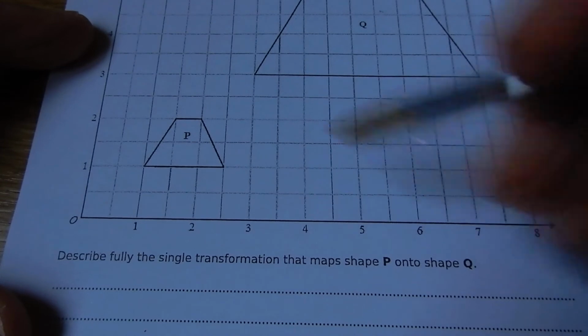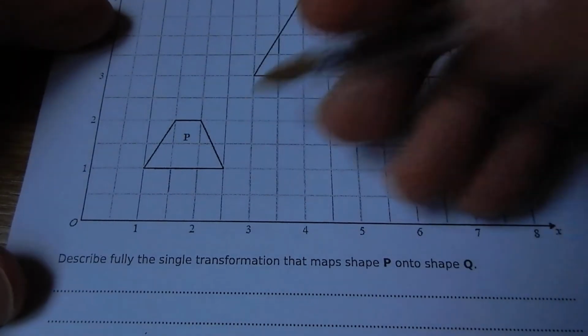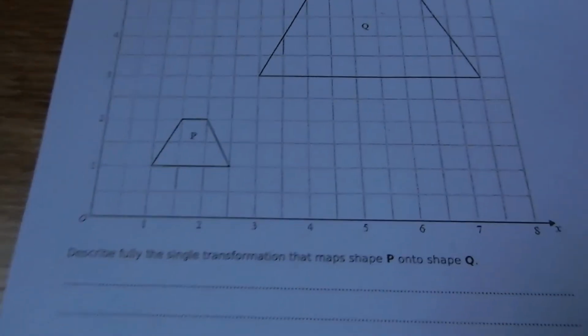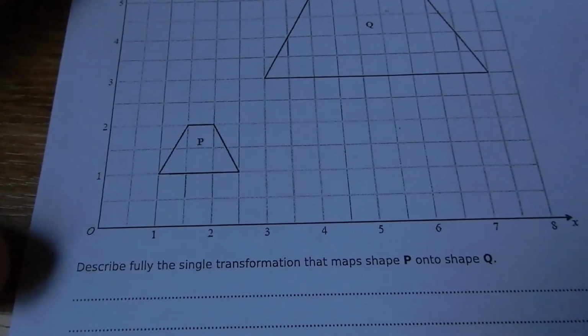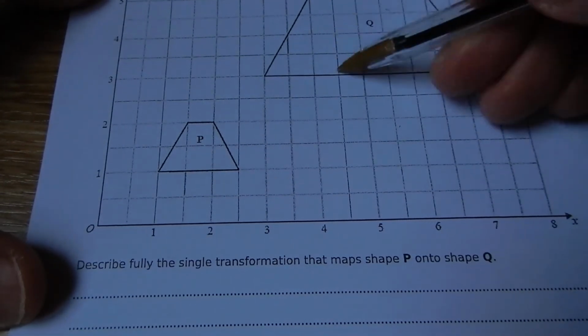Describe fully the single transformation that maps shape P to shape Q. Well, it's an enlargement. Factor, that's 2 up, and that's 2, 4, 6. Enlargement factor 3 from 0.